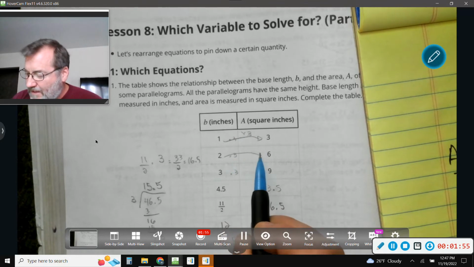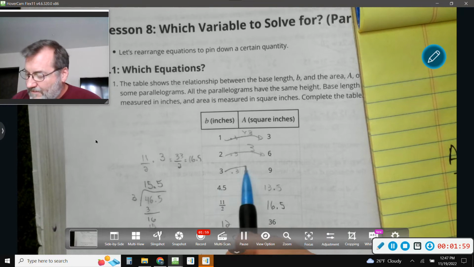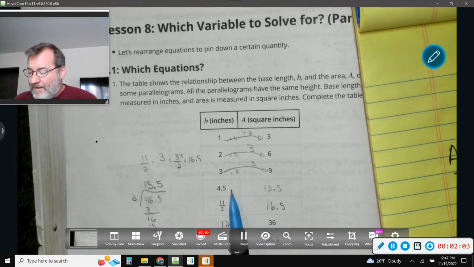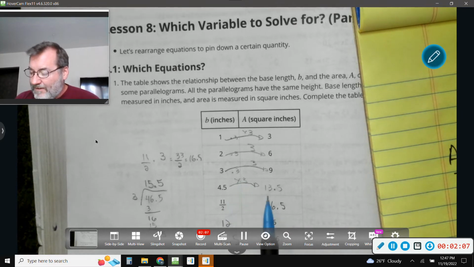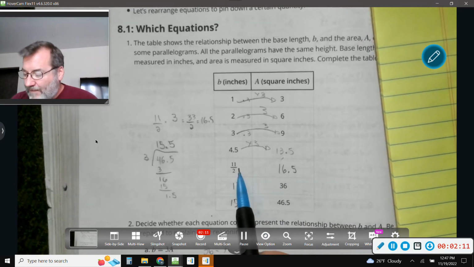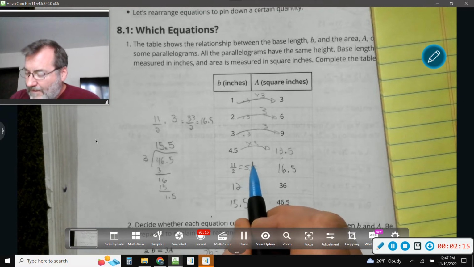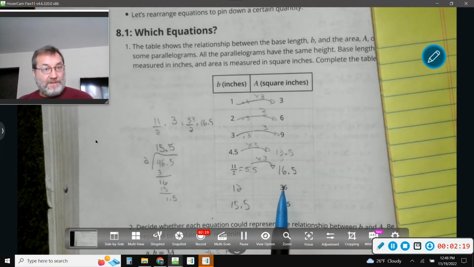So the base times 3 gives you the area. There's the base, 3 times 3, and you get 9. Then if you take 4.5 and multiply by 3, you get 13.5. If you take 11 halves, or 5.5, and multiply by 3, you get 16.5.